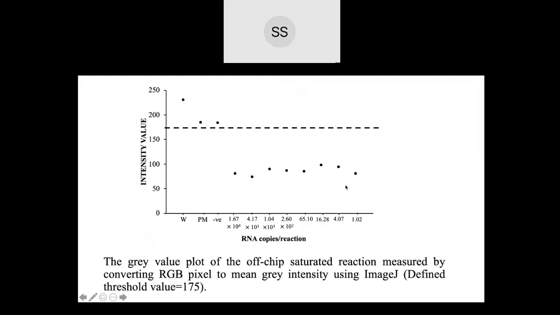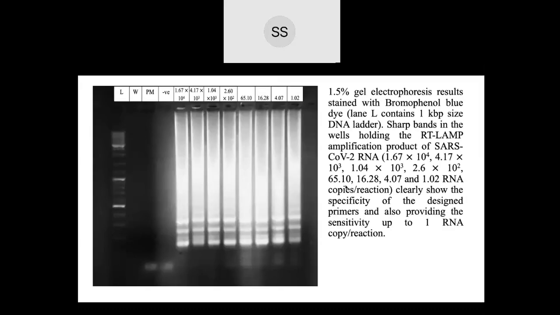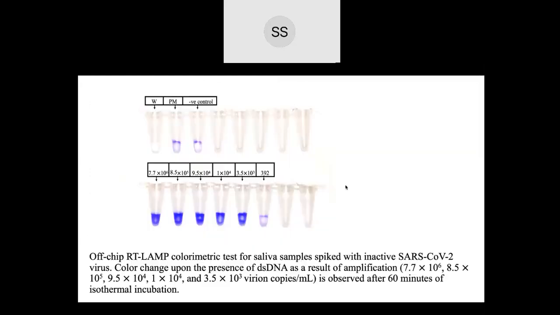So throughout the 3 projects, we have seen the trend that the intensity values of these reactions follow the same trend. Further, these results were validated by 1.5% gel electrophoresis, and long sharp bands are observed in the well containing the LAMP amplification product, and no sharp bands are observed in the negative control and the primer master mix reaction.